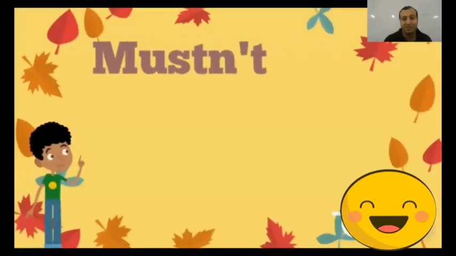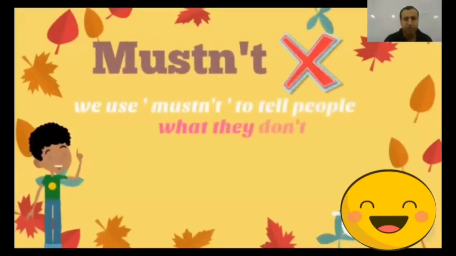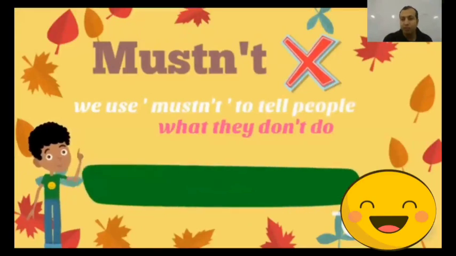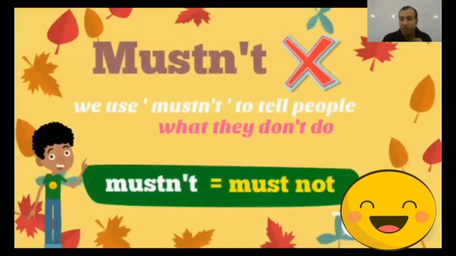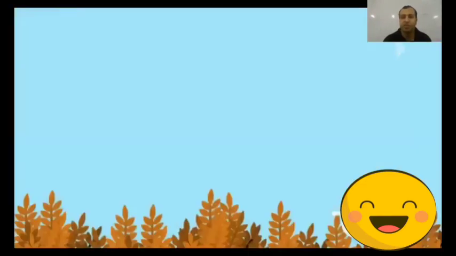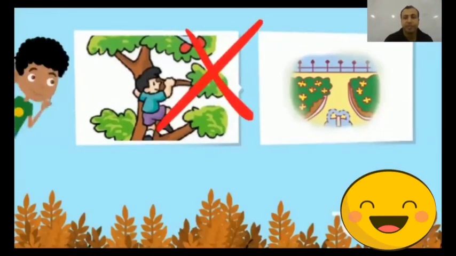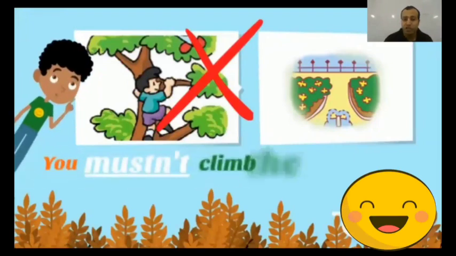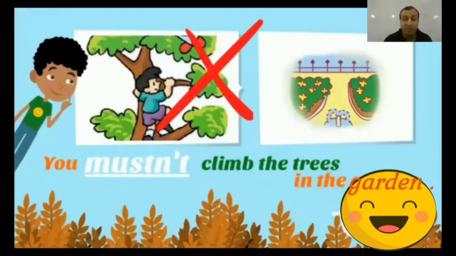What about mustn't? We use mustn't to tell people what they don't do, like don't do that. This is the negative of must: mustn't or must not. Let's see some examples. You mustn't climb the trees in the garden.